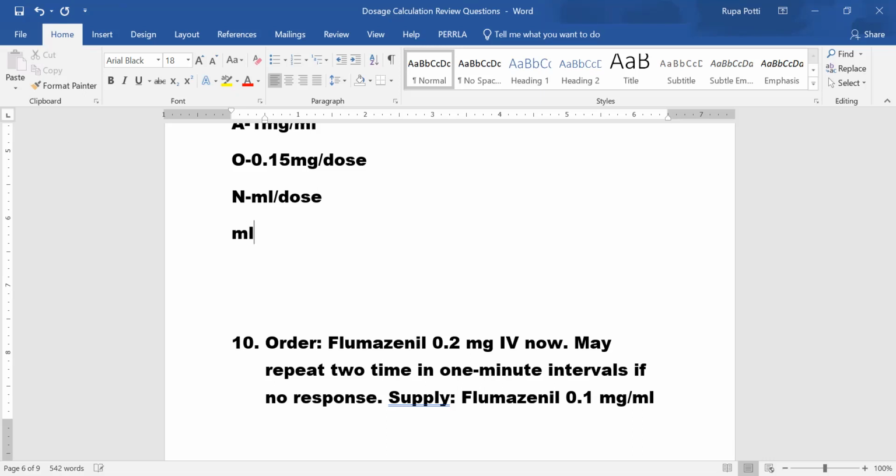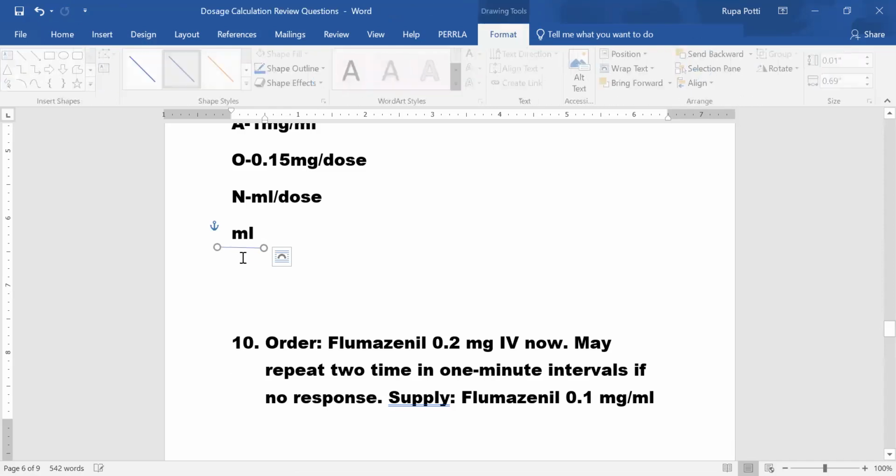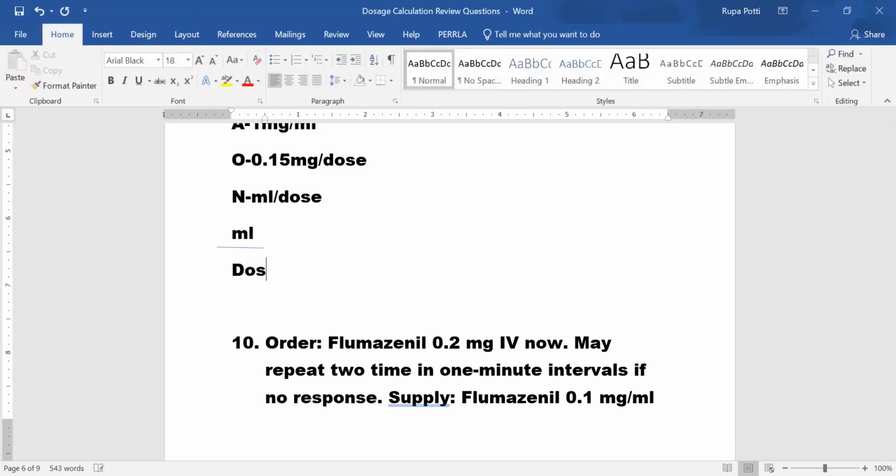You can always start with what you need, ml per dose. Give me 1 second. I'm trying to insert a line here so it helps you to understand well. So you always start your problem with ml per dose.